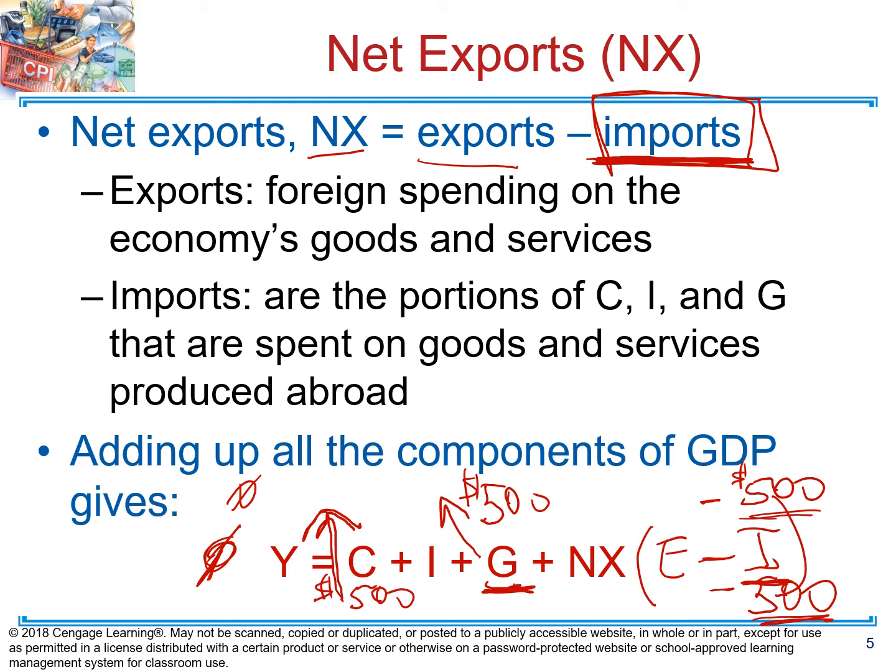Initially this component is affected, but then it's subtracted over here, and GDP overall is not affected. So adding all these components together, you need to remember this for the rest of the semester: GDP equals consumption plus investment plus government spending plus net exports.